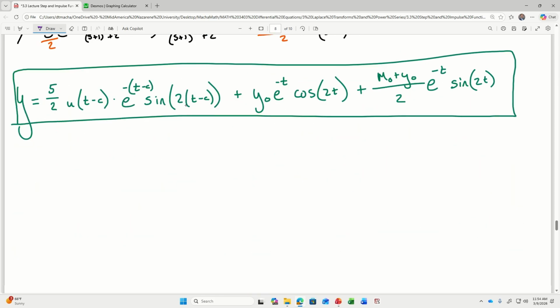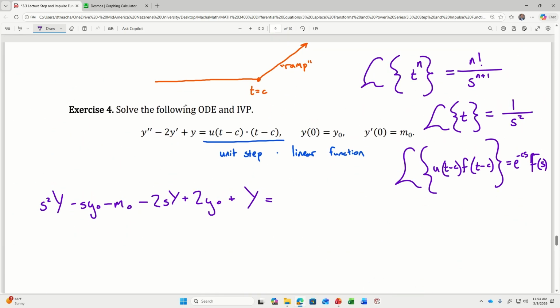So now I'm going to write on the right-hand side as my Laplace transform e to the negative cs times 1 over s squared. See how we got that?